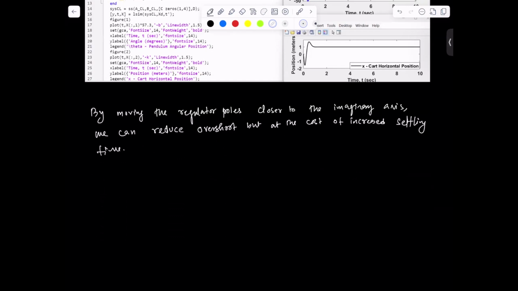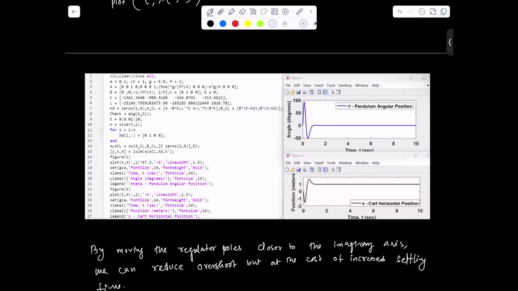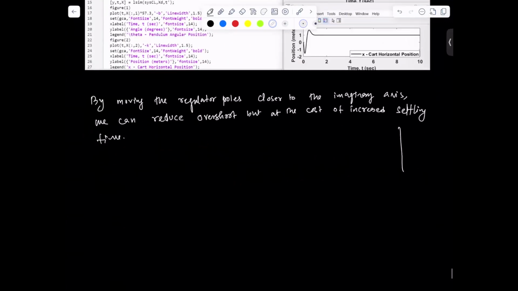So if you want to reduce the overshoot, if you want to maintain this angle bias, maybe you can place the poles towards the imaginary axis. For example, initially the poles are here, and you place them a little closer to the imaginary axis. In that case, we can reduce the overshoot, but settling time will increase.